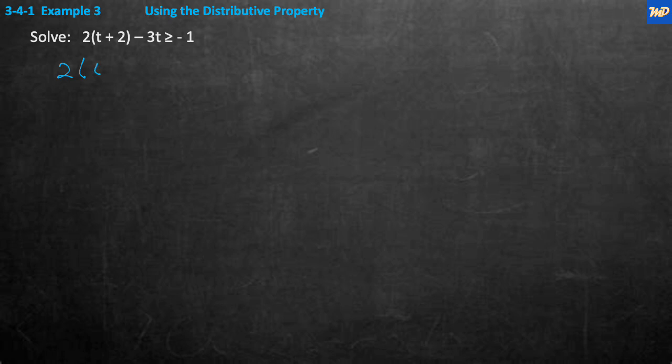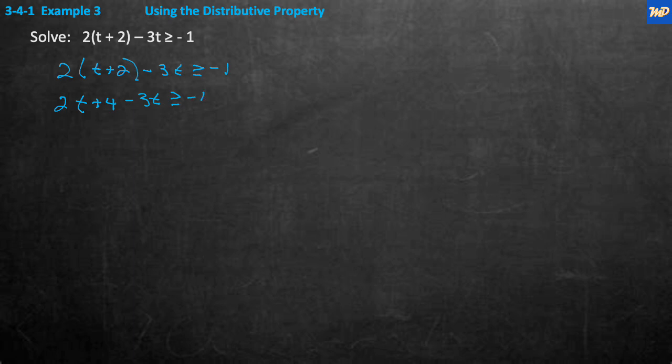2 times t plus 2 minus 3t is greater than or equal to negative 1. So look at that, we have two t's in here, so we're going to end up combining them. So now we're going to do that. We're going to write 2 times t, because we're taking care of the distributive property here, plus 2 times 2 is 4, minus 3t is greater than or equal to negative 1.